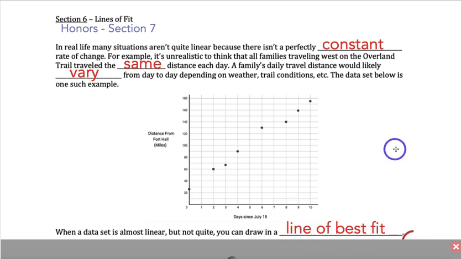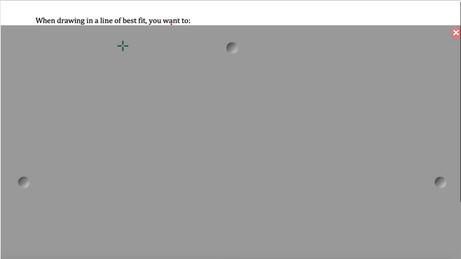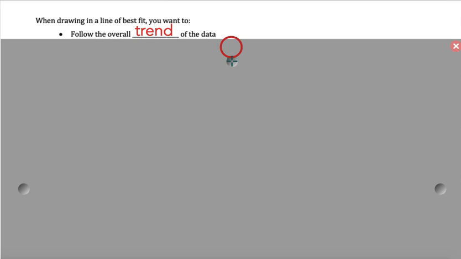So as we were trying to draw in a line of best fit, you would use your ruler and place it on the graph and you would try to follow the following tips. Number 1, follow the overall trend of the data.